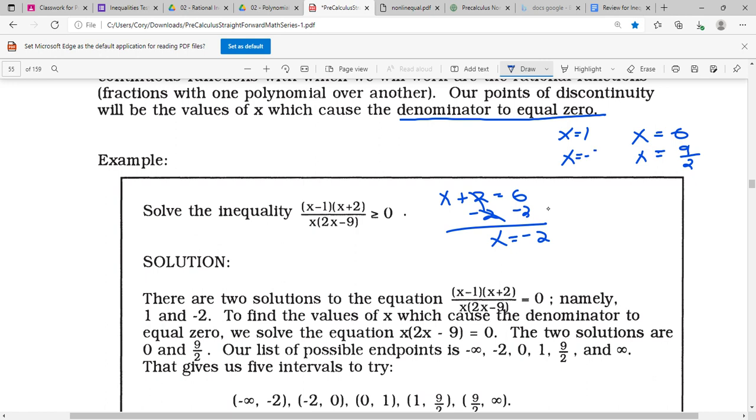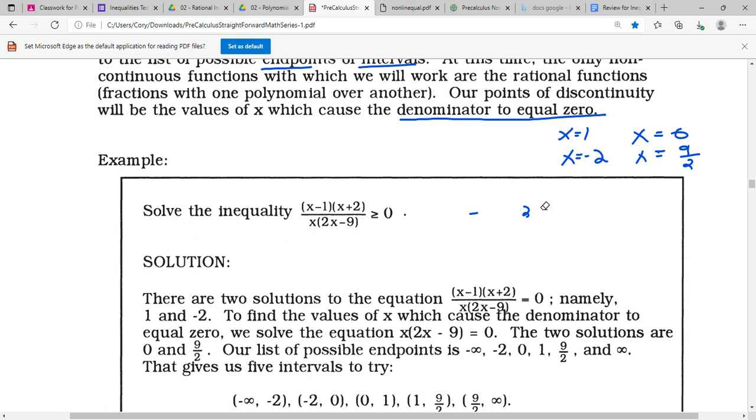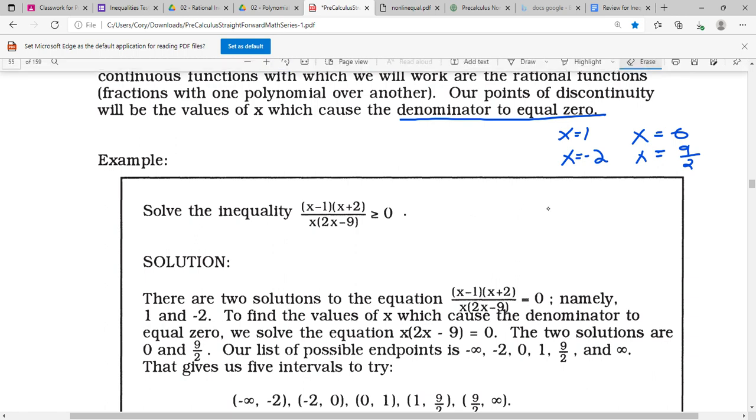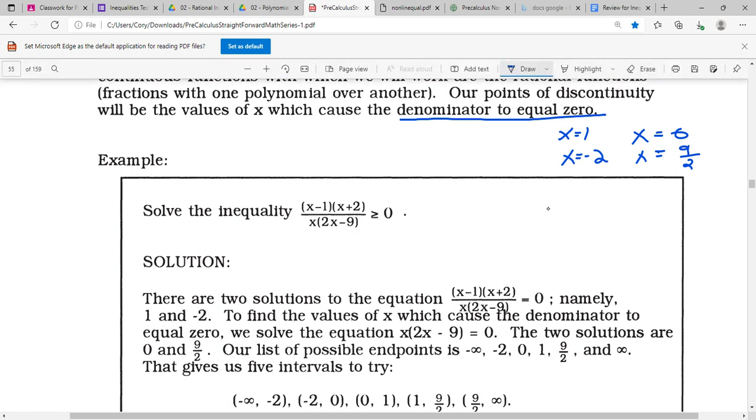Okay, so now we have 4 different points on our graph where it's either going to be touching 0 or it stops, right? So those are our stopping points. And when we're doing this, we need numbers that are greater than or equal to 0, so this is positive values that we're looking for.